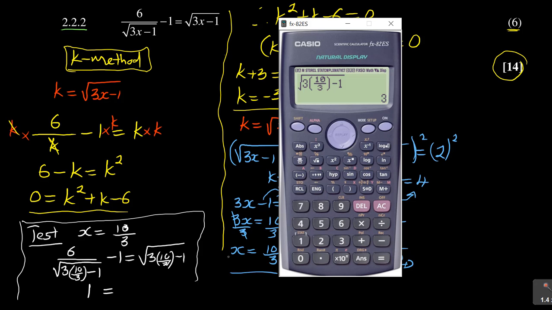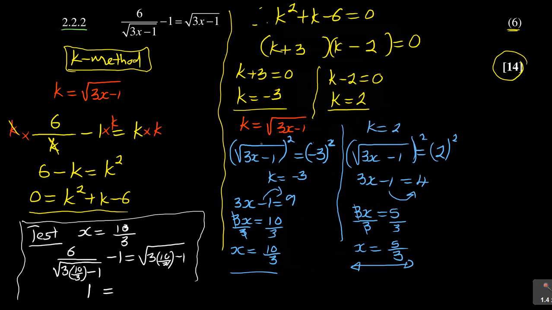I'm getting a 3 on the other side. So you can see that there is no way that 1 can be equal to 3. So it means this part is not the solution. So this one is not the solution. I'll show you how you write your answer at the end. Let's look at the second one.